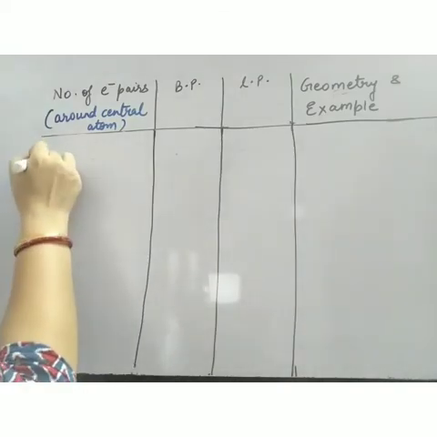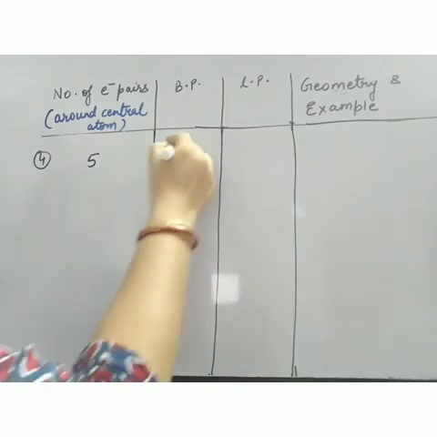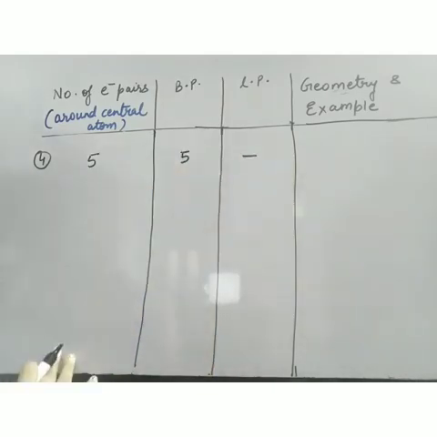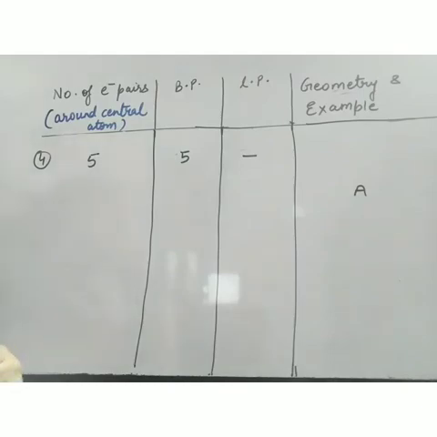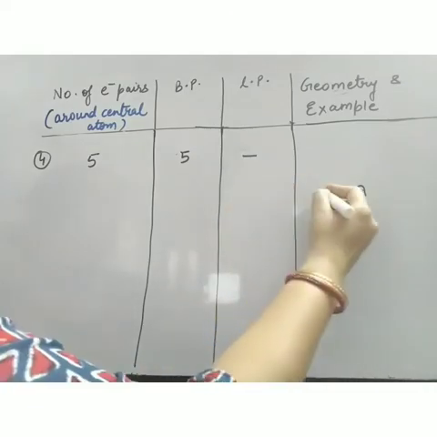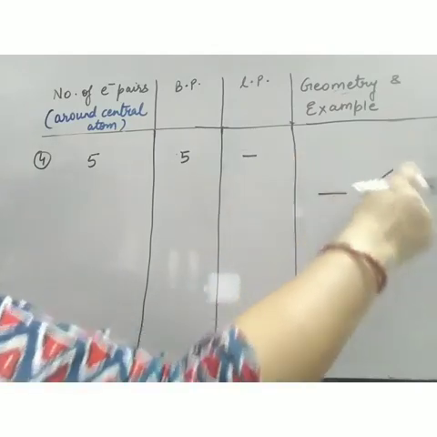Now the next is when the total number of electron pairs is 5: all 5 are bond pairs, 0 lone pairs. A is my central atom, and 5 electron pairs surround it. So what are the 5 positions? First, second, third, in the form of a triangle.